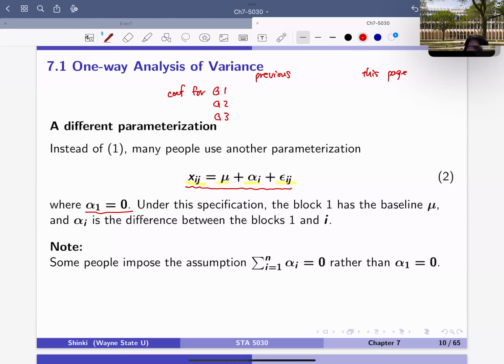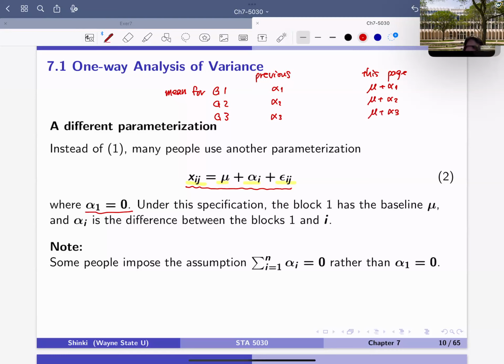In the previous one, maybe coefficient is a little vague, so the mean parameters for group 1, group 2, group 3 were alpha 1, alpha 2, alpha 3. But here, this is mu plus alpha 1, this is mu plus alpha 2, and this is mu plus alpha 3.